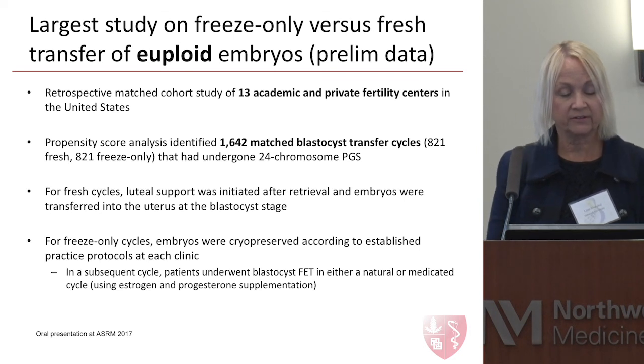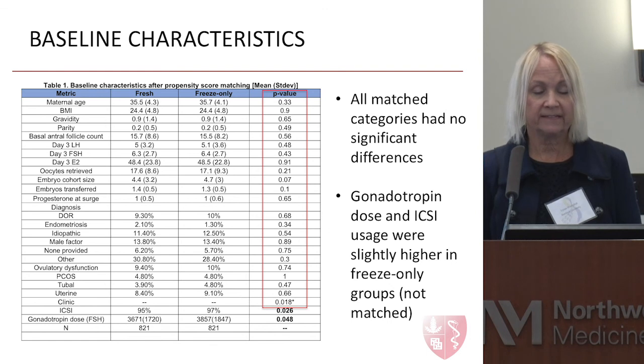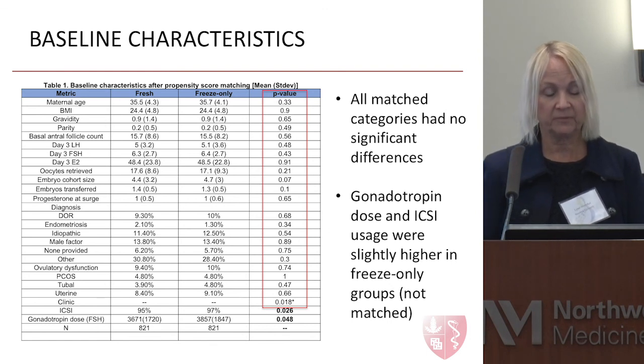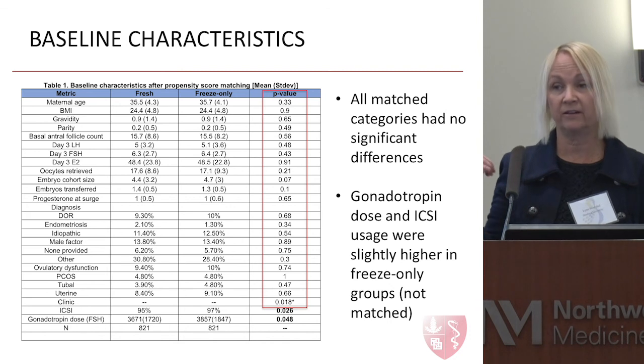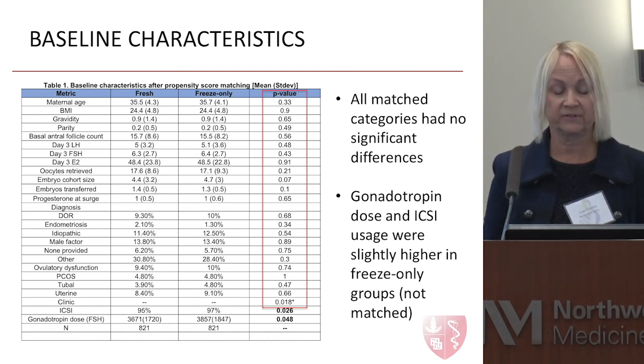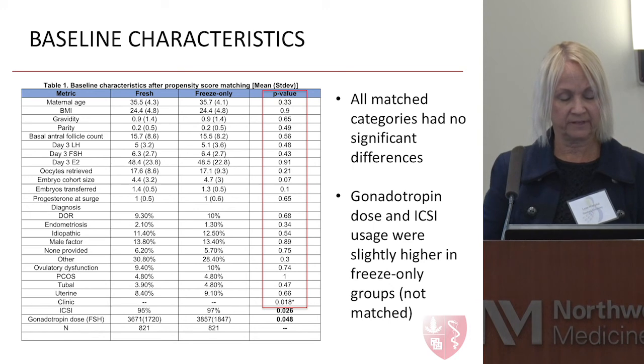For freeze-only cycles, embryos were cryopreserved according to their protocols, and again, each clinic did their frozen embryo transfers using their own protocols. Again, the baseline characteristics were comparable. The only difference was that ICSI was a little bit higher in the freeze-only group, but you can see almost 95 and 97% of the clinics used ICSI for fertilization. And the gonadotropin dose was a little bit higher in the freeze-only group.